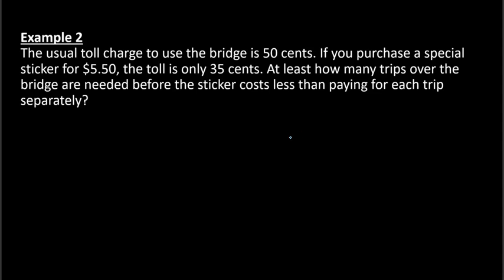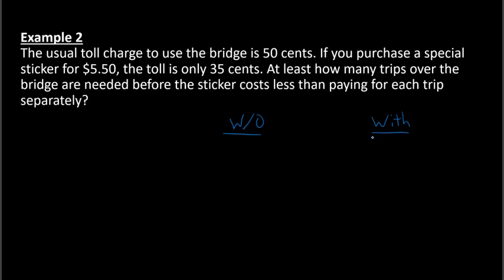So here again, we have two different things that we are comparing. We are comparing paying per trip with buying the sticker. So we have without the sticker, and here is with the sticker.